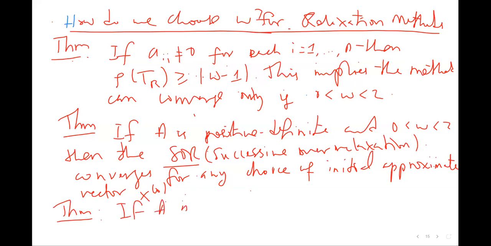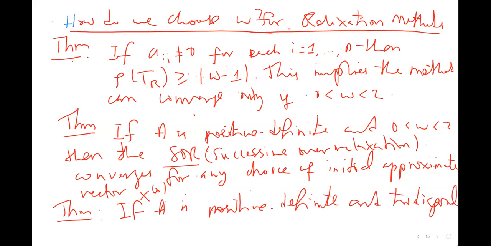If A is positive definite and also tridiagonal, then the spectral radius of the relaxation matrix is equal to the spectral radius of the Jacobi matrix squared, and is less than 1.